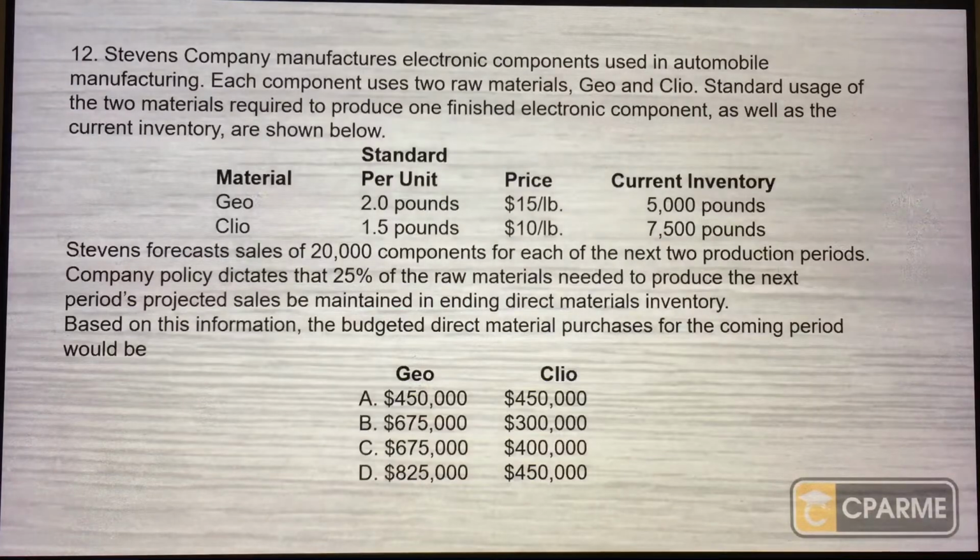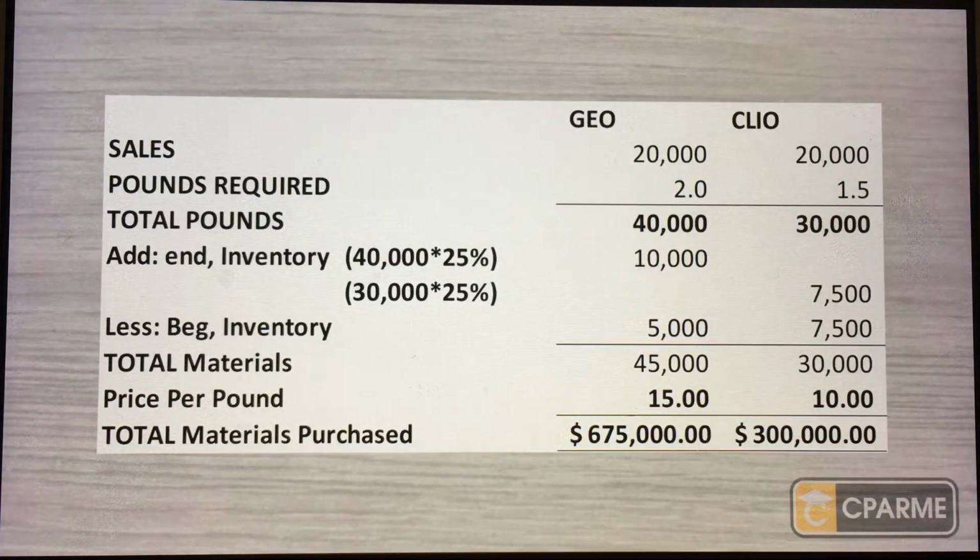Yeah, it's letter B. In sales, 20,000, and then the pounds required, so that we know the total pounds to produce one component for each product. Then we add their desired ending inventory, which is 25% of the projected sales, so 40,000 times 25%, and 30 for Clio, and then we deduct their beginning inventory so that we know how many pounds were purchased.